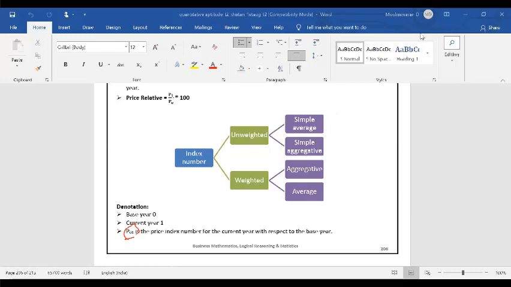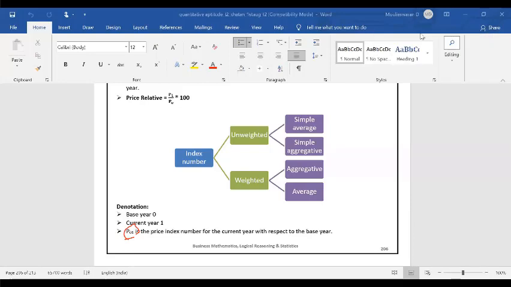Read this. Guys, you understood what is P01?